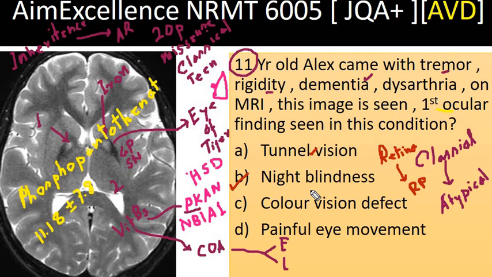This is the way the AVDs are planned: they do not only give you the answer to a particular question, they cover all the angles of that topic from which a question can be asked. We have shared a few AVDs earlier, but apart from that we share JQA and JQA plus mode, and we will continue to upload those, mainly because we cannot upload all the AVDs.